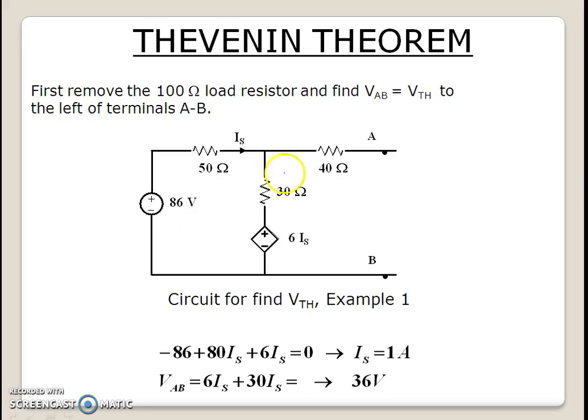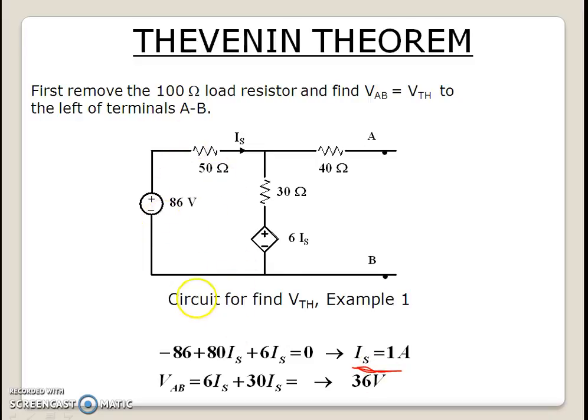We need to remove the load and find out the Thevenin's voltage across the terminals A and B. A simple mesh equation in the first loop will get us the current IS. What is the value of IS?